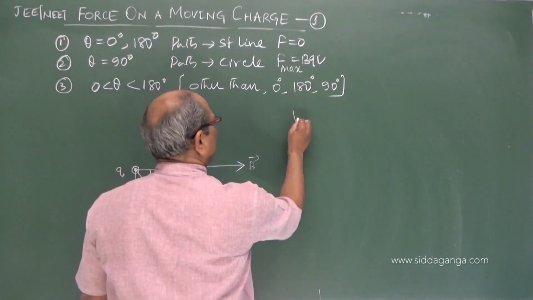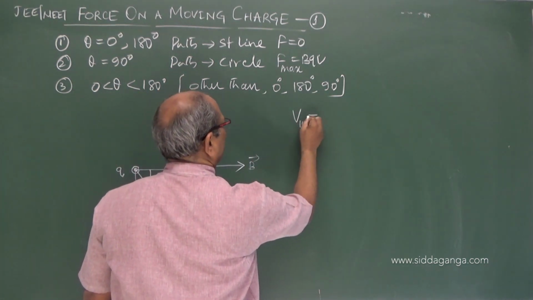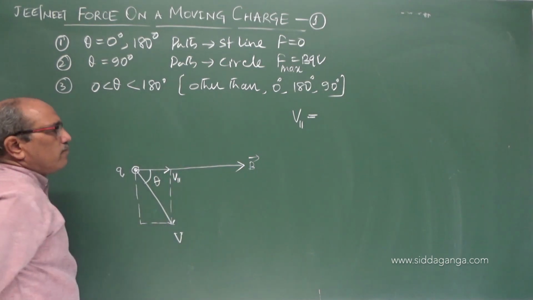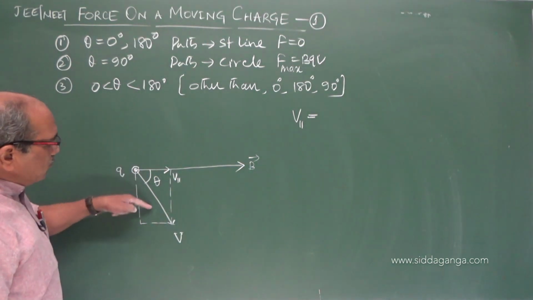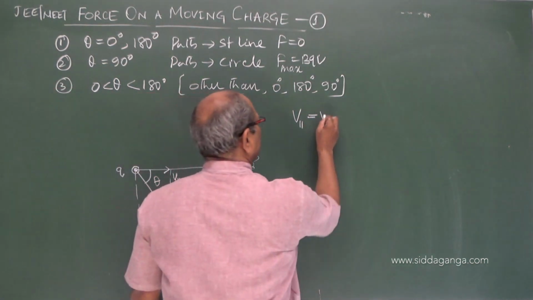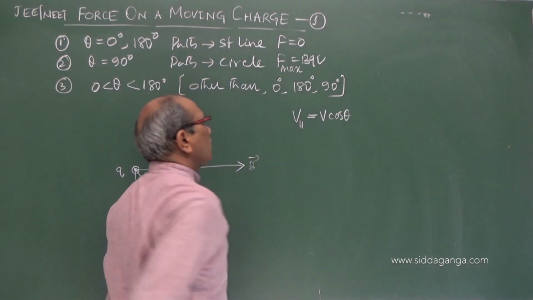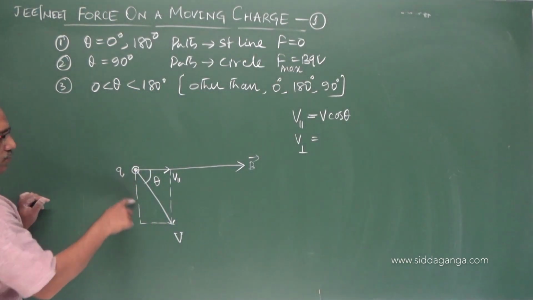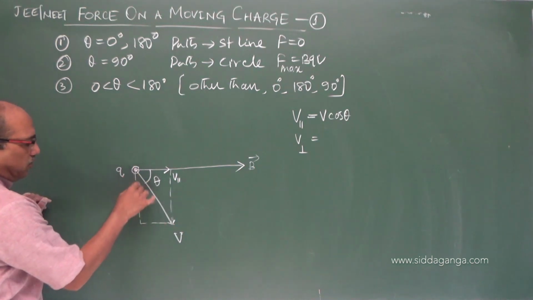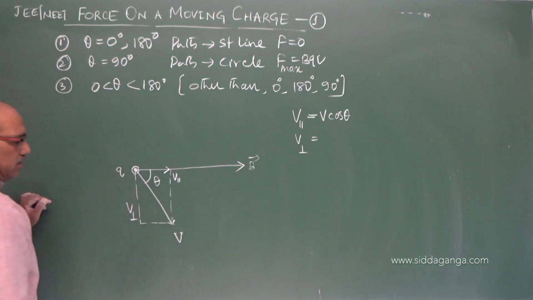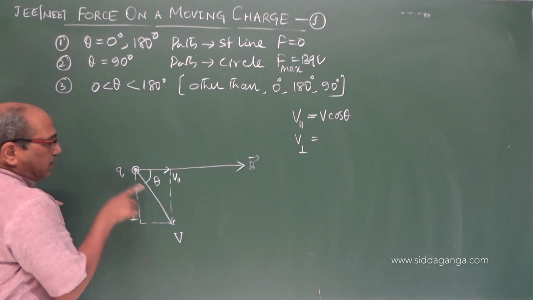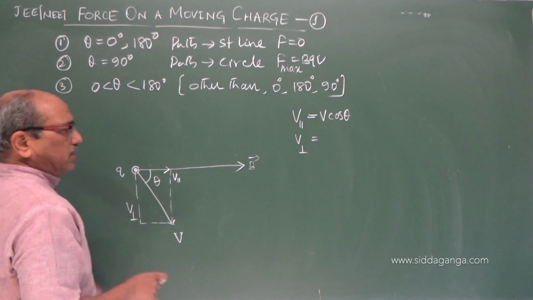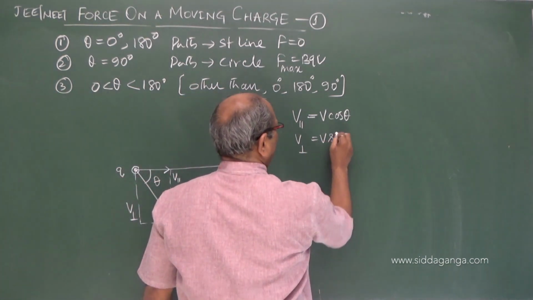One is V parallel, parallel to the magnetic field: adjacent side by hypotenuse is cos theta, so this becomes V cos theta. Another is V perpendicular: opposite side by hypotenuse, so perpendicular to B it is V sin theta.